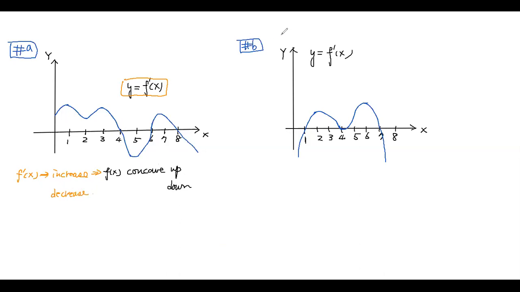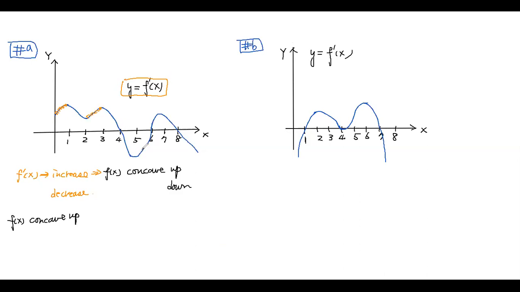Now for these ones here, let's take a look at how we write down the answers. For f of x concave up, f prime x has to be increasing, right? So let me color that increasing here. From here to here, this is increasing. The other part is increasing from 2 to 3.